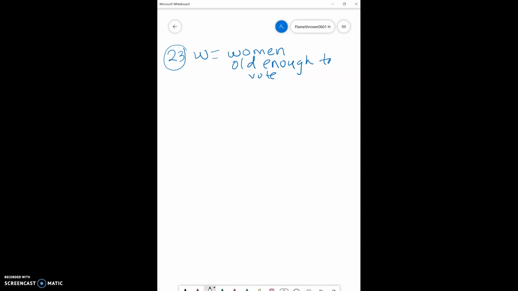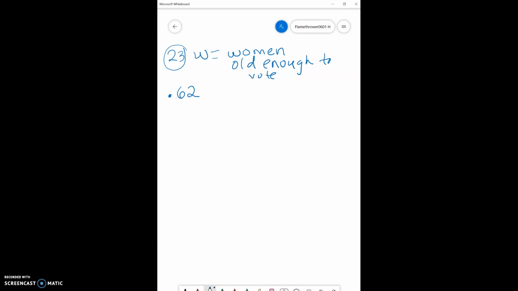And then let's go ahead and figure out how many women are old enough to vote. We know that 62% of the number of women were old enough to vote. So 62%, let's write it as 0.62 as a decimal. A lot of times when you're trying to find a percentage of something, you're multiplying.